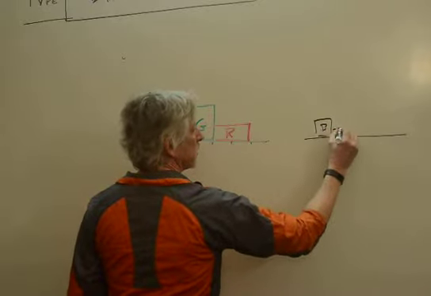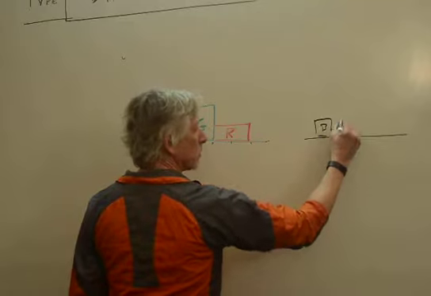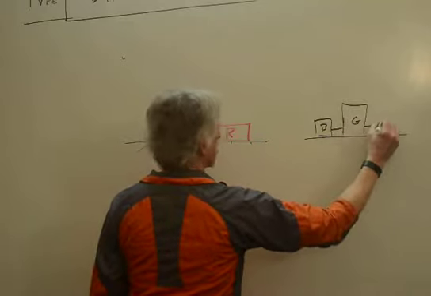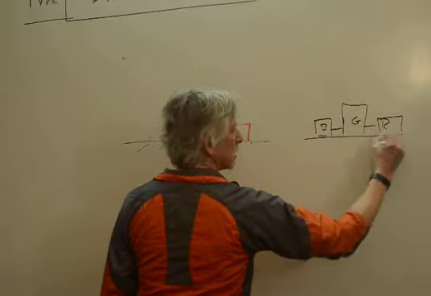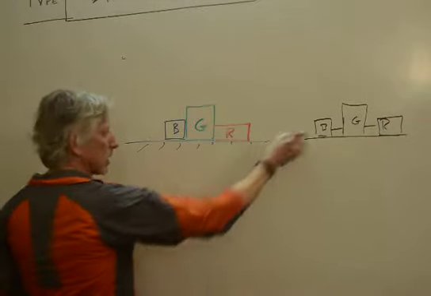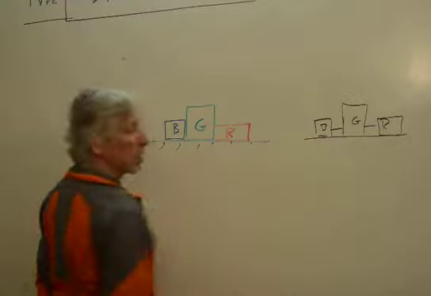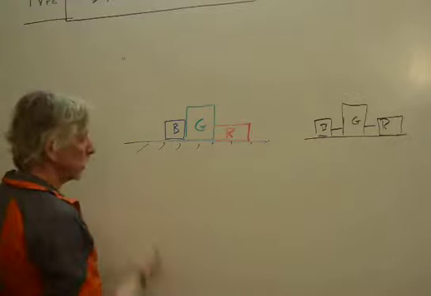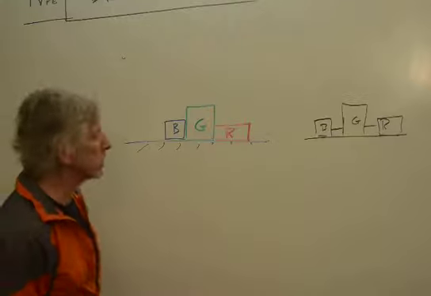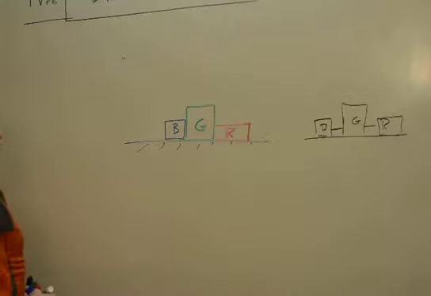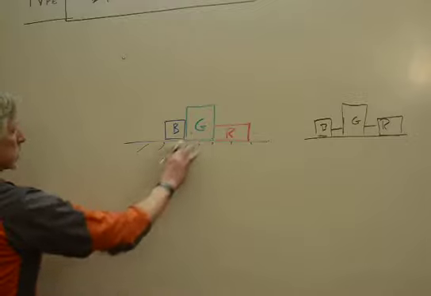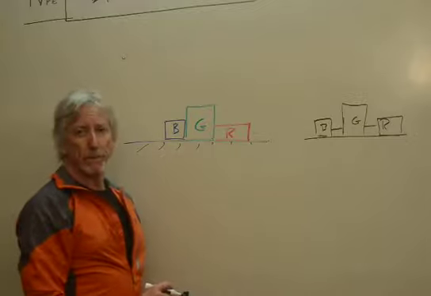If B is connected, maybe through a rope, or maybe through some other object to G, which is connected to R, like a train, right? Then I could pull B, and R would get pulled. Here I can't unless they're attached in some way. So these are variations.